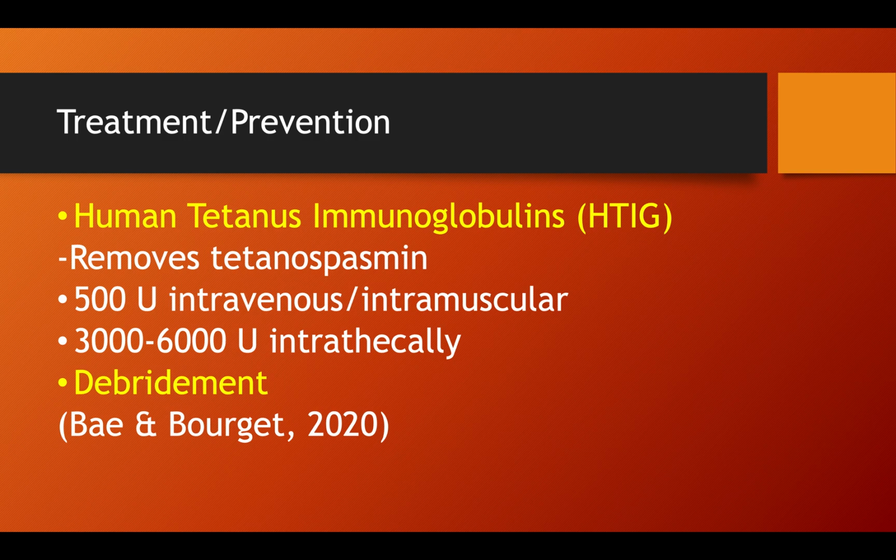So human tetanus immunoglobulins only remove free-flowing or free-floating toxins. It can either be administered intravenously or intramuscularly, or if we have a case of general tetanus, what doctors do is that they administer HTIG intrathecally.